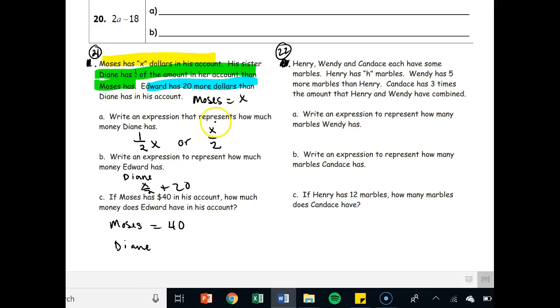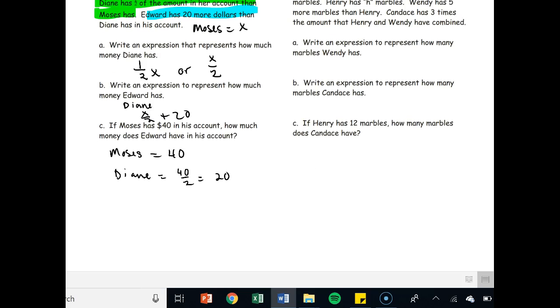It's no longer x, right? We know what x is. It's 40. So Diane is 40 over 2, or equal to 20. And then how much does Edward have? Well, Edward was just what Diane had, Diane plus 20. Well, if Diane's got 20, it's 20 plus 20. It means Edward also has 40 bucks.